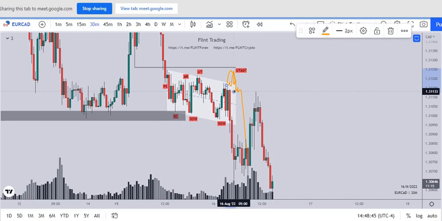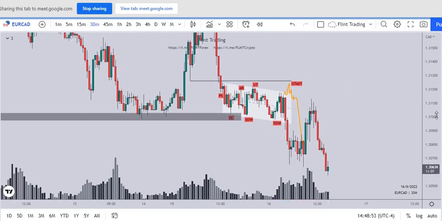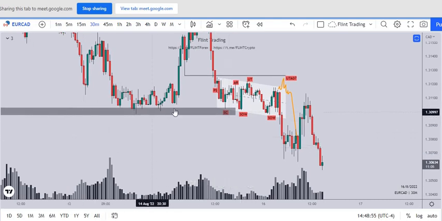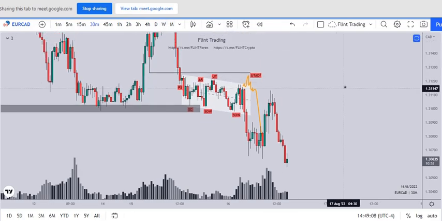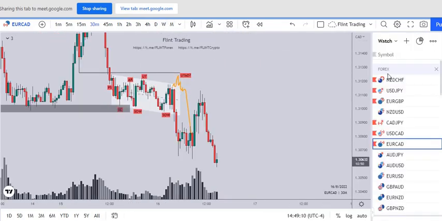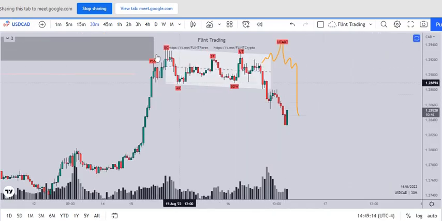As soon as price showed me that, I would have entered the trade, but price didn't do that, and I missed the move. But regardless, as you can see, these liquidity pools were clearly liquidated by the price, and it's still pushing downside, because we have our reasons on the higher time frame, monthly, weekly, daily. So that was what I was looking at on EURCAD.